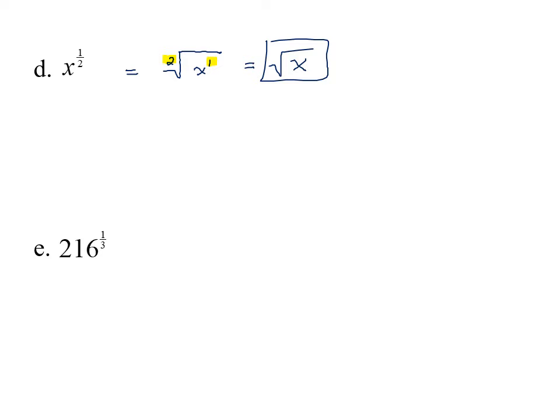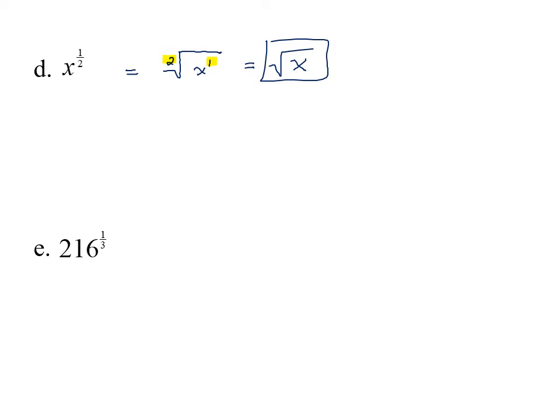Now we can do this with numbers as well, and sometimes the numbers simplify and sometimes they don't. So for instance, 216 raised to the 1/3 power, you actually could type this into the calculator just to see if you end up with an actual whole number coming out very nicely.